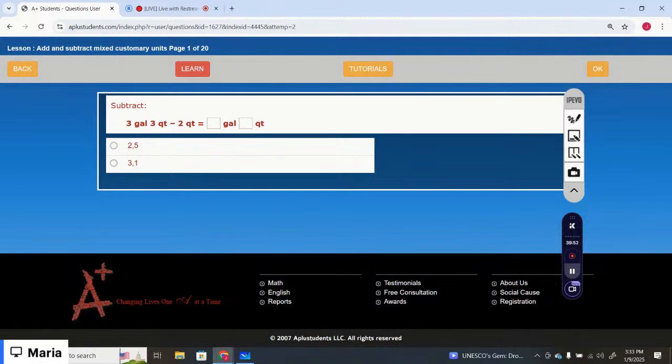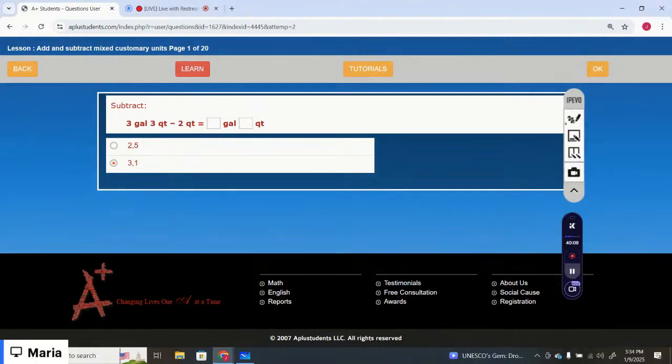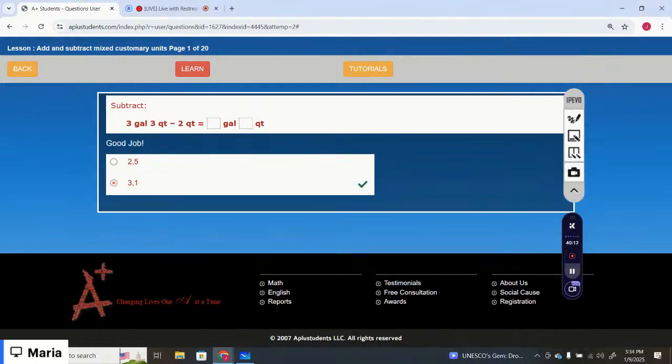That is 3 gallons, 1 quart. Option number 2 is the correct option because you don't have the gallons over here, so just write them as it is. And 3 minus 2 is 1, so that is 3 gallons and 1 quart.